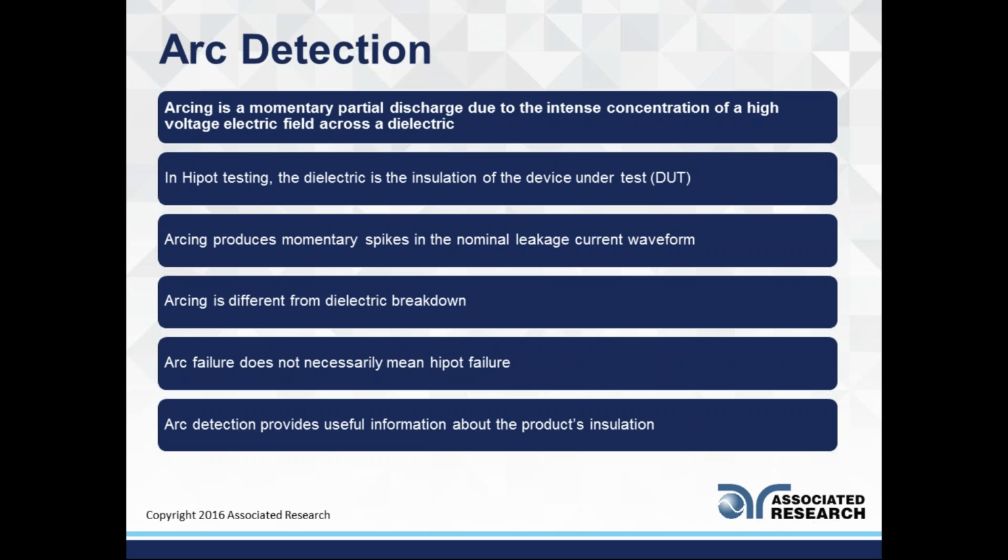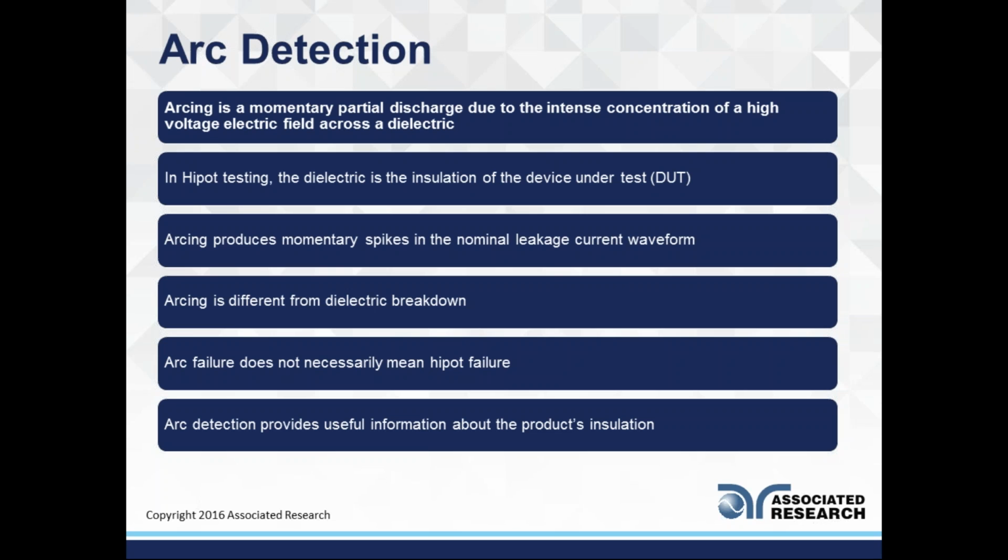And with this corona, the air around insulation can become ionized, and there's a quick spike, a quick discharge, which isn't exactly a breakdown, but it can give you insight into potential issues with your insulation.